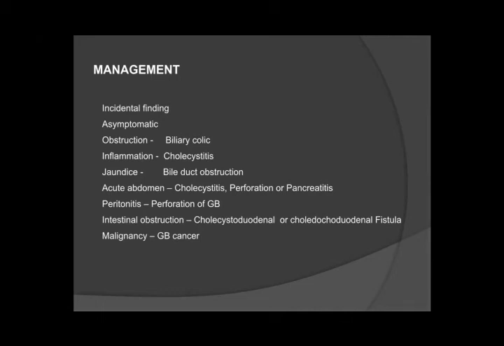Then there's the inflammation, cholecystitis, acute or chronic, jaundice, bile duct obstruction, acute abdomen, perforation, or pancreatitis, peritonitis as a result of the perforation of gallbladder, intestinal obstruction, cholecystoduodenal or choledochoduodenal fistulas, or even malignancy, gallbladder cancer. Now we're going to look at the management for each one.